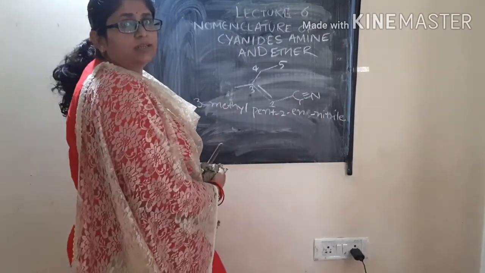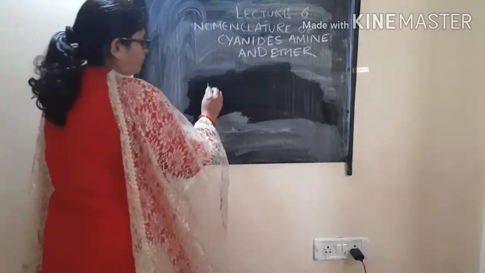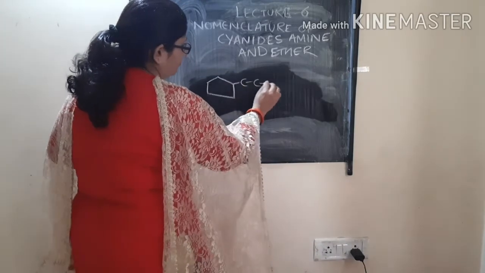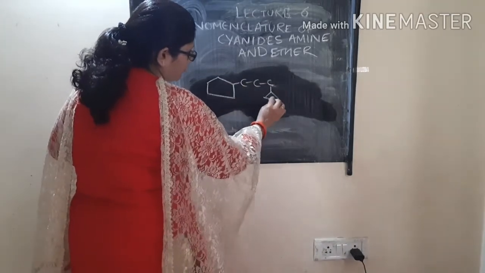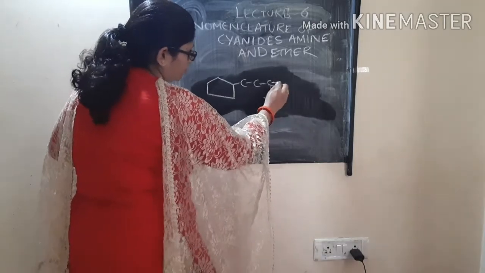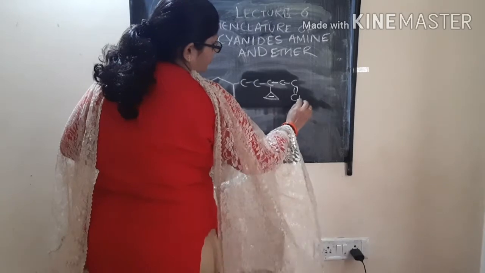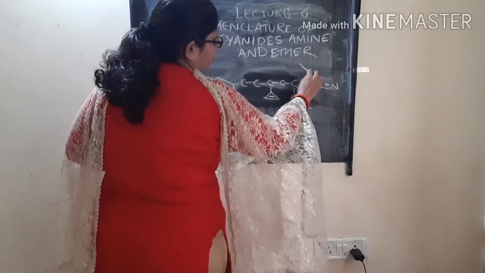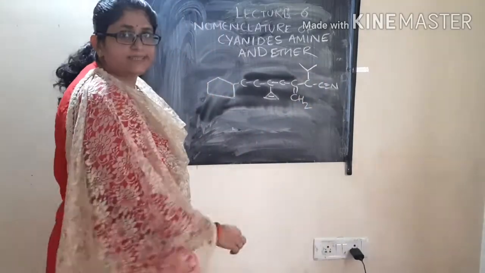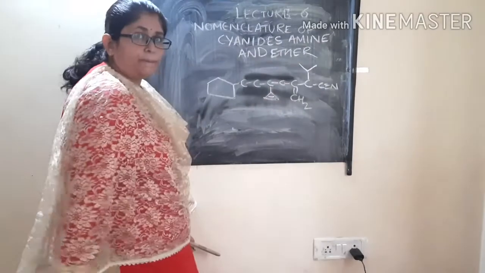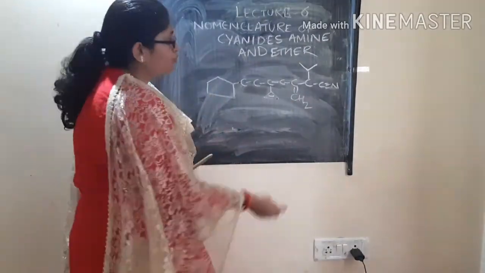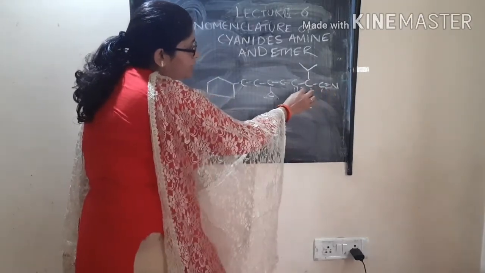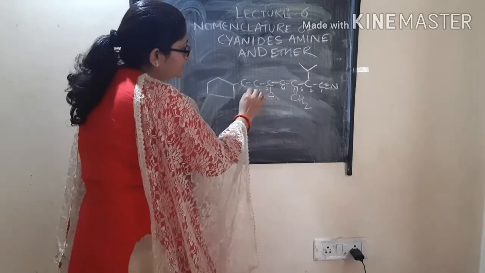Understood, students? Now let us take some more examples. Let us take this example, students. Everything will be clear to you. I'll tell you everything. See, you'll start the numbering from here, 1, 2, 3, 4, 5, 6, 7.